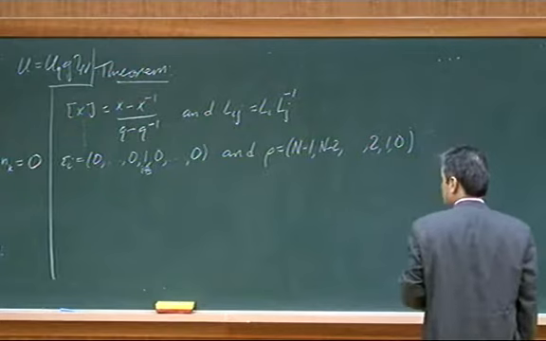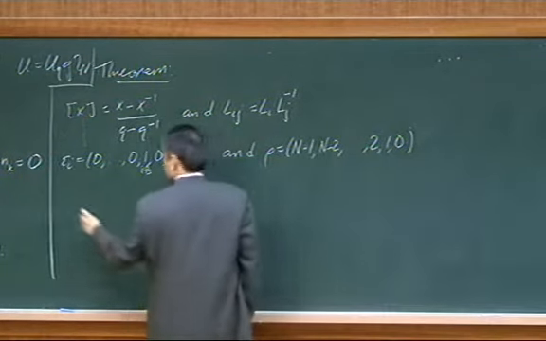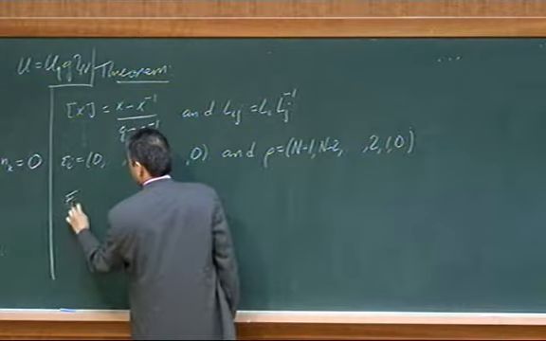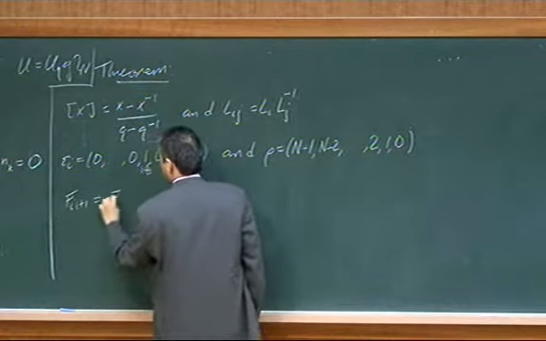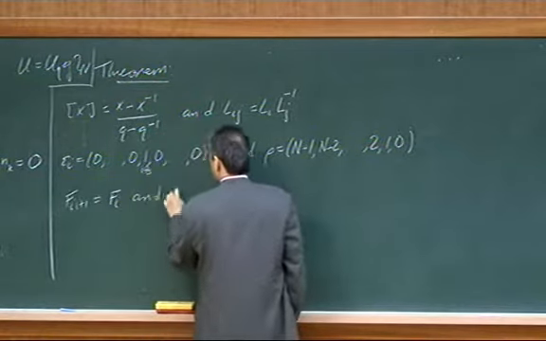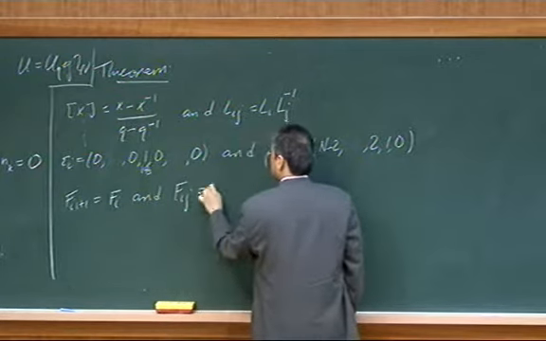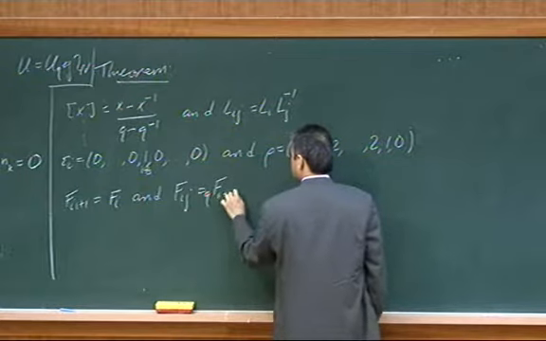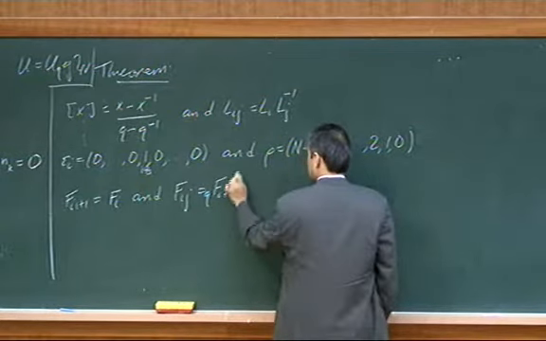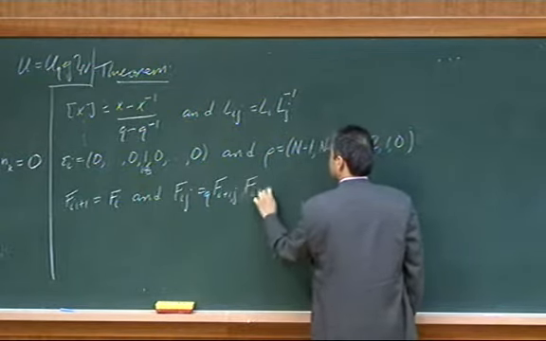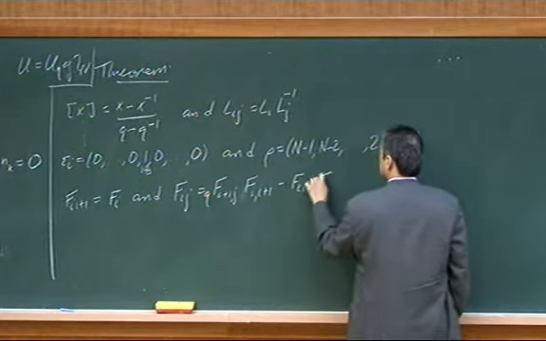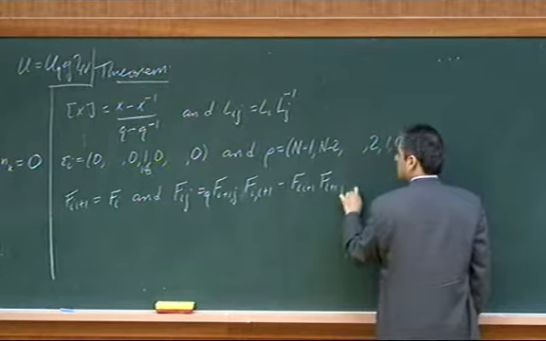And I need the PBW basis, so F_{i,i+1} is F_i, and F_{ij} is q F_{i+1,j} F_i minus F_i F_{i+1,j}.